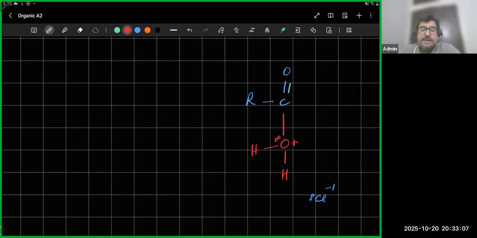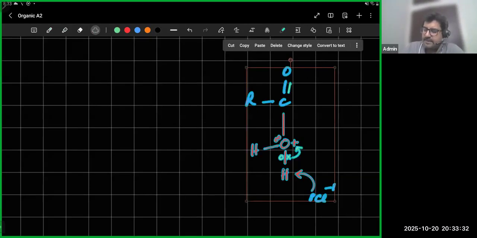The oxygen was missing its lone pairs because it had given those electrons to carbon. So Cl comes in, steals the H, and what does the H do? It leaves its electrons over here and gives the lone pair back to oxygen. And that's your final stage. That's when carboxylic acid gets formed and HCl gets formed.